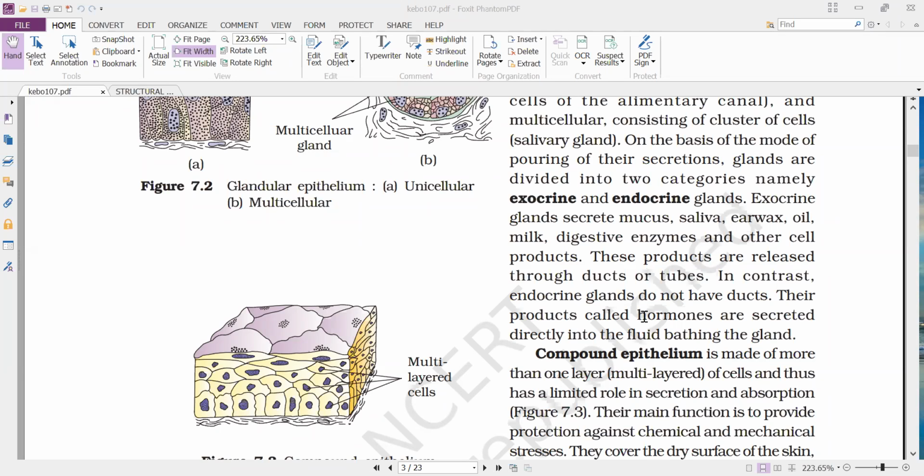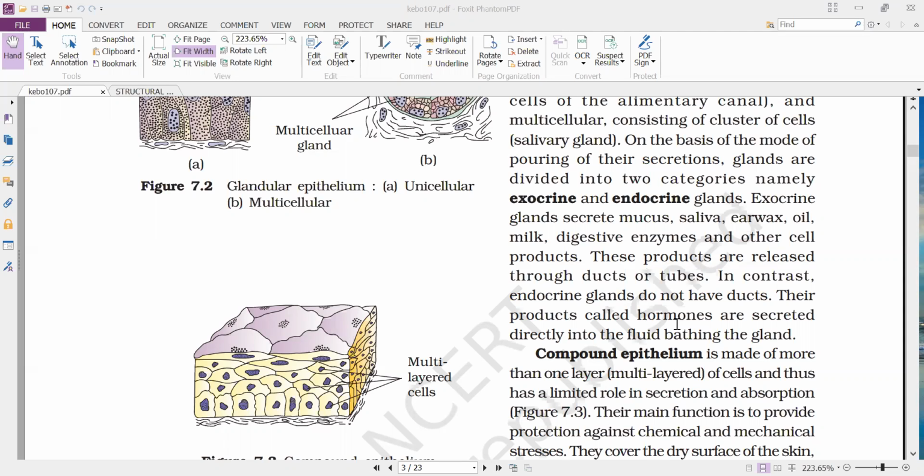In opposite, the endocrine glands do not have ducts. That's why they are also called ductless glands. They secrete their secretions into the fluid present around that gland, from where they are transported through the transport system to different parts of the body where they show their effect.